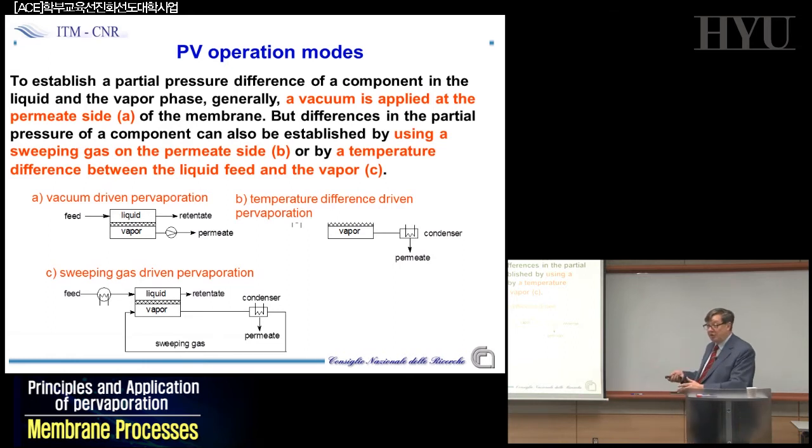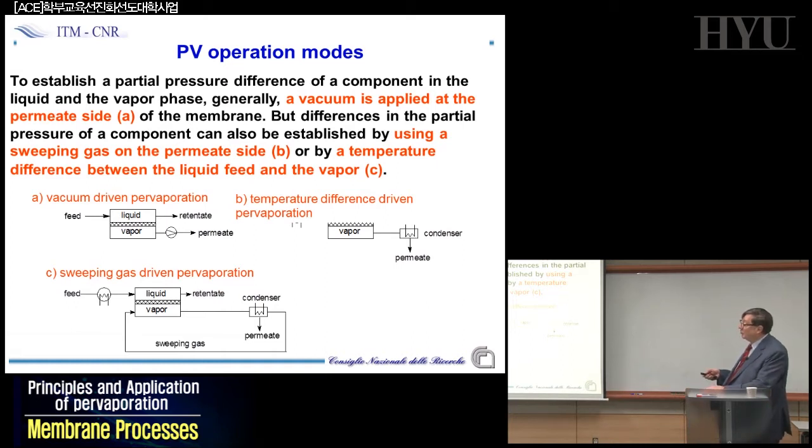In membrane distillation, as you learned, you use microporous hydrophobic membranes. No liquid penetrates, and the vapor forms at the mouth of each pore of your membranes. So there is no similarity between pervaporation and membrane distillation. The kind of selectivity has a totally different origin, but sometimes some confusion still exists.